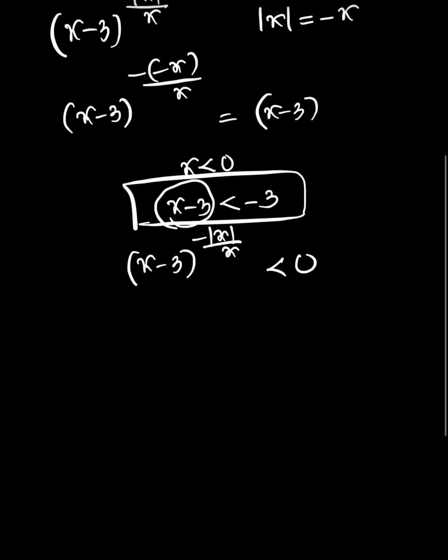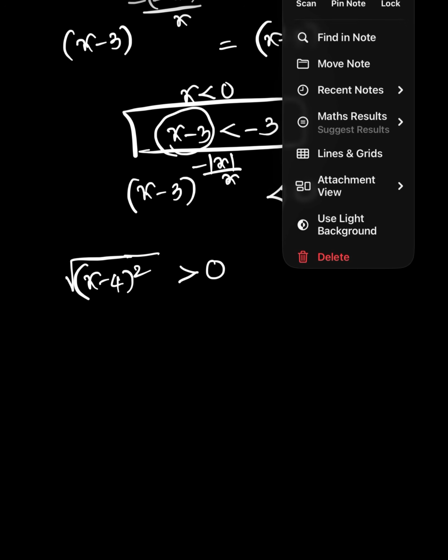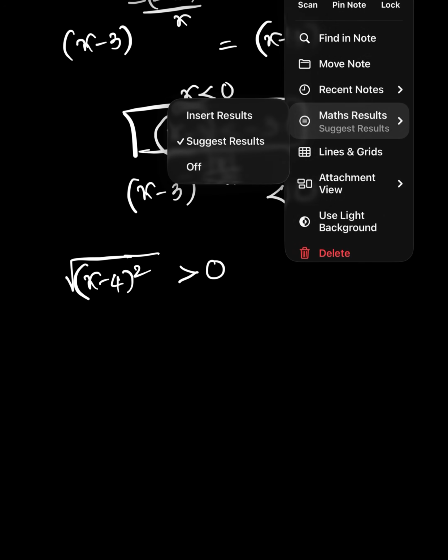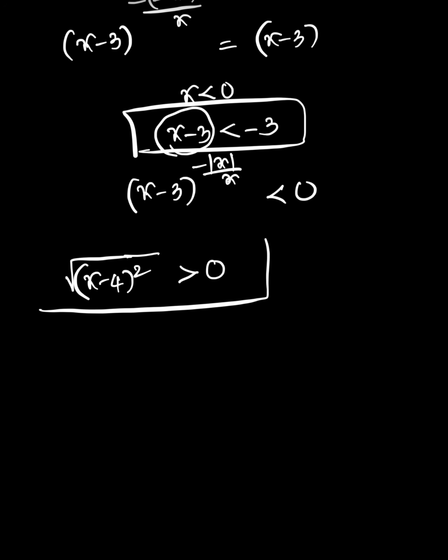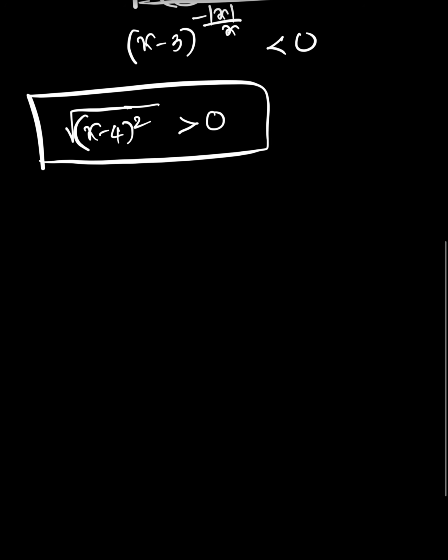Now move on to the next part, root over (x minus 4) whole square. As we discussed, because x is negative, x minus 4 is also negative, but the whole square gives a positive. So root over (x minus 4) whole square is always greater than 0, and there is no problem in this. Now 17 minus x.